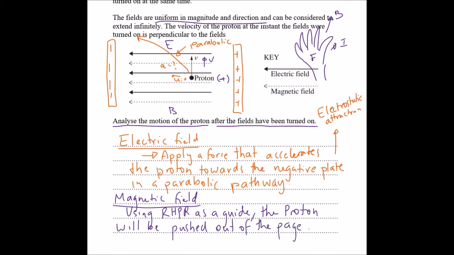It experiences a force that pushes it out of the page, but we know if it is a charged particle in a magnetic field, it's going to do this sort of spiral clockwise motion. It's going to rotate in circular motion, so it's going to do that in a circular orbit.